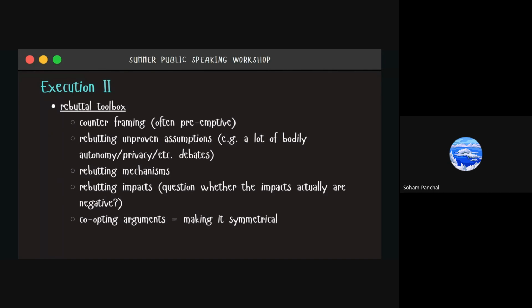Okay, just a second, let me give an example for this. Let's assume the debate is between capitalism and socialism, right?